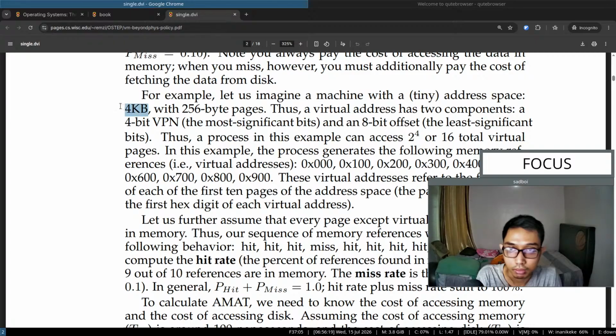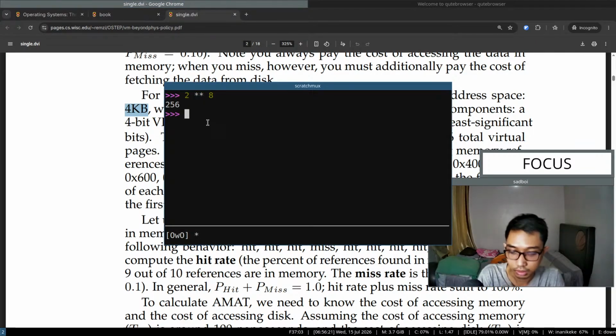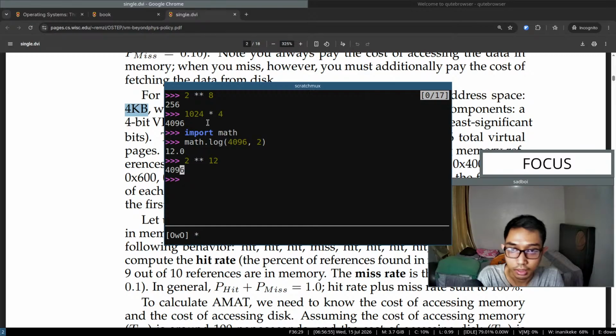So again, we have this 4K address space here, and to get that bit, I guess we can use math. We have 12 bits here. Again, we can do this to verify.